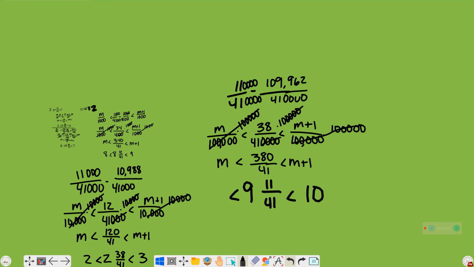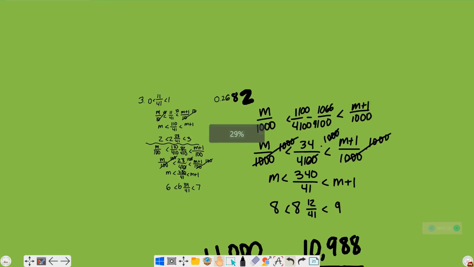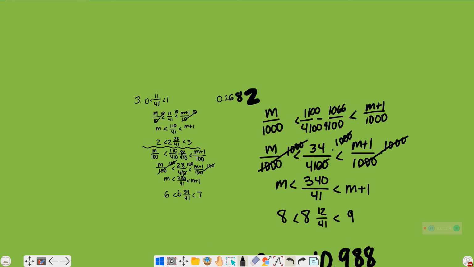So it's smaller than 10 and bigger than 9, which means our 5th decimal place, way over here when we started, is a 9. So our final answer for number 3 should say 0.26829. Ooh, that was a long one.